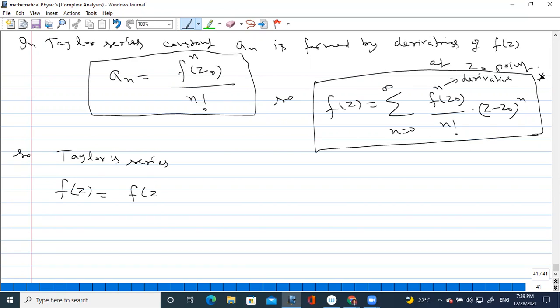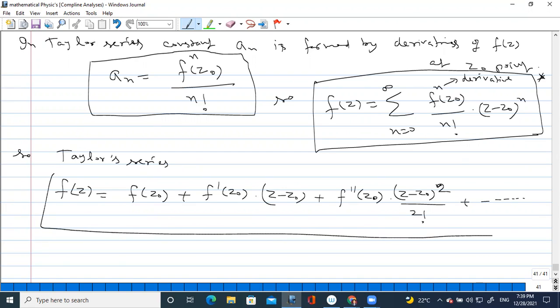So that will be f(z0) plus the next term, f'(z0) divided by factorial 1, that is 1 only, into (z minus z0) to the power 1. This is the second term. Third, f''(z0) into (z minus z0) whole square divided by factorial 2, and plus dot dot dot. So like this we can make the Taylor series.